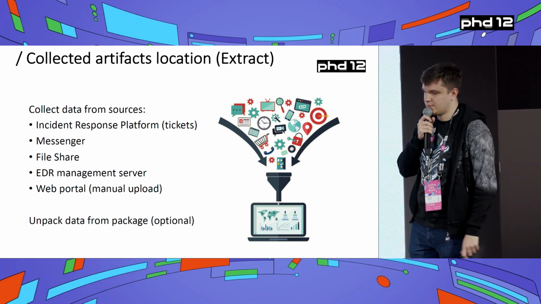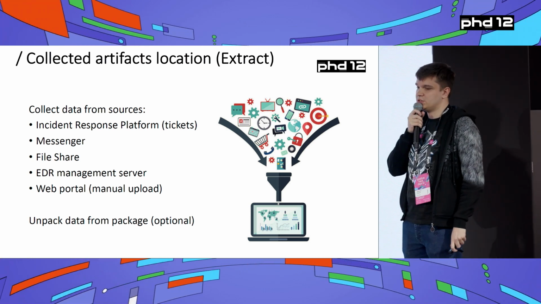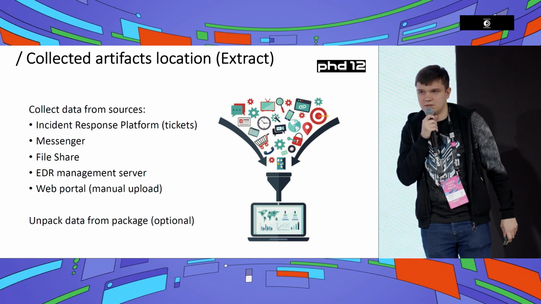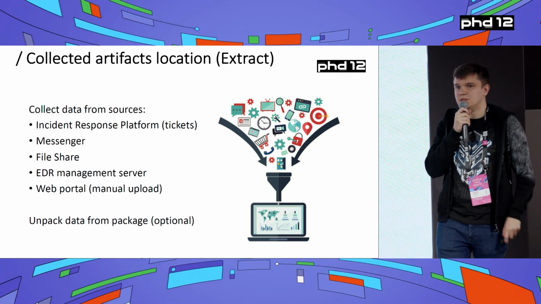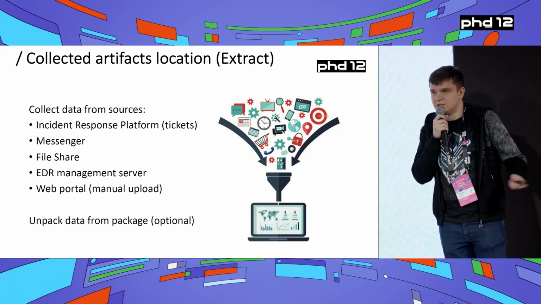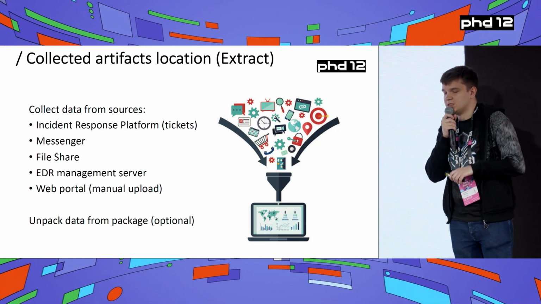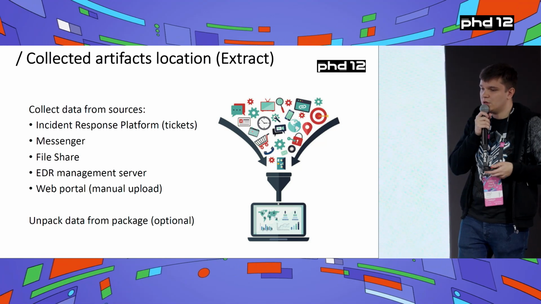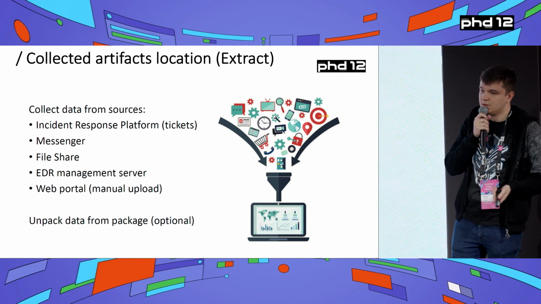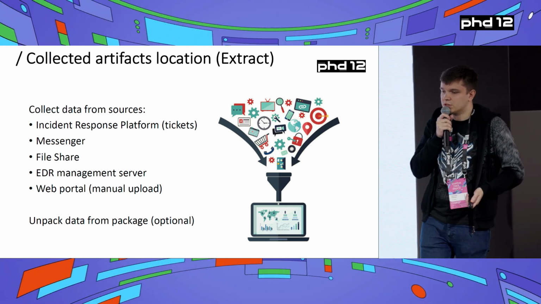Okay, where do we take the artifacts from? There are several sources. We start with the incident response platform, where we have tickets, and we have some comments and files there. Artifacts can also come to us through some secure channels. You can go to the file share, and if the client has the EDR server installed, we can use it for collecting artifacts.